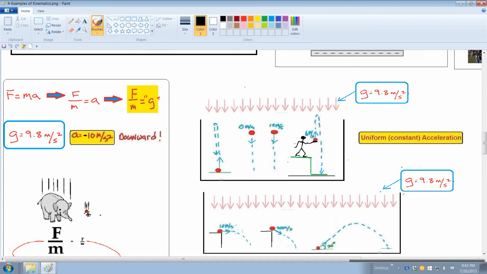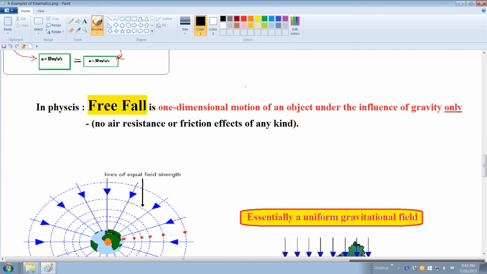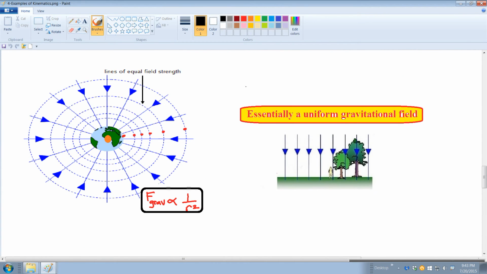So first of all, let's look down here at this. You're going to learn, if you haven't already, that the gravitational field lines between two objects, let's say the Earth here, and these little red dots are like maybe a satellite, space station, or whatever, a person even, some object.